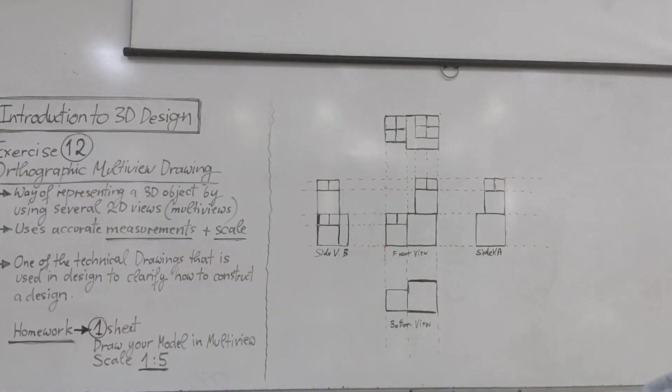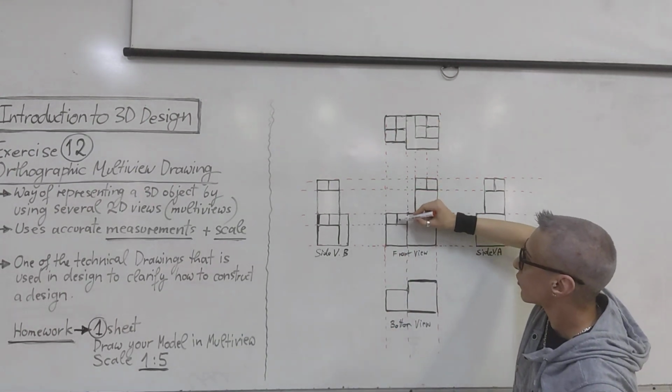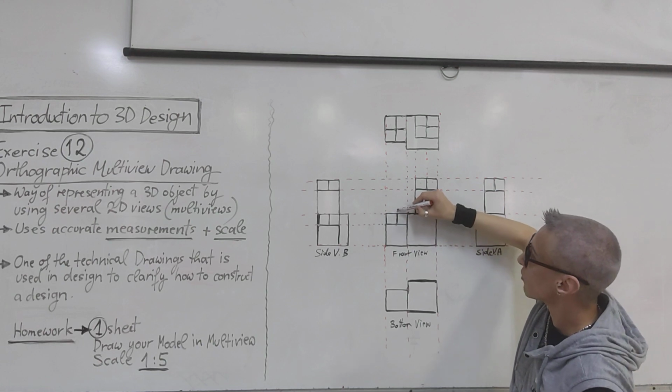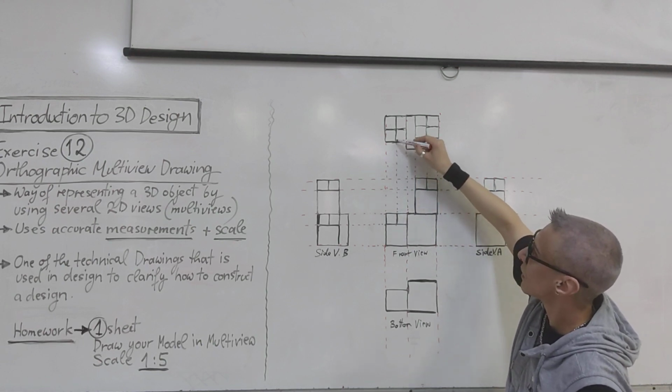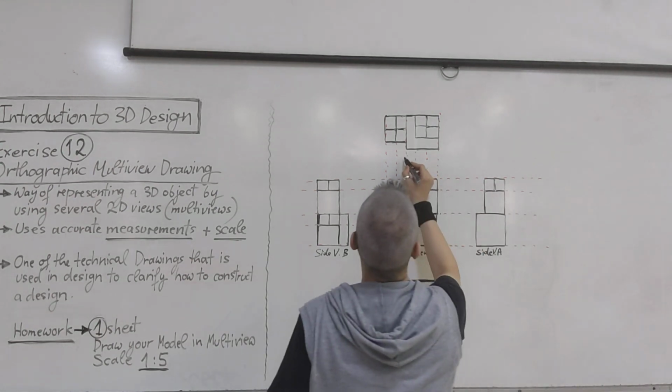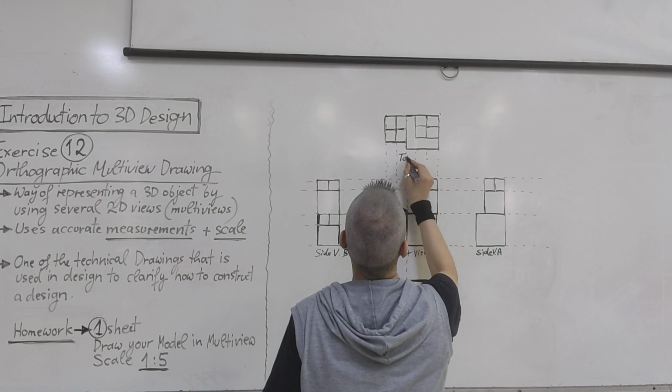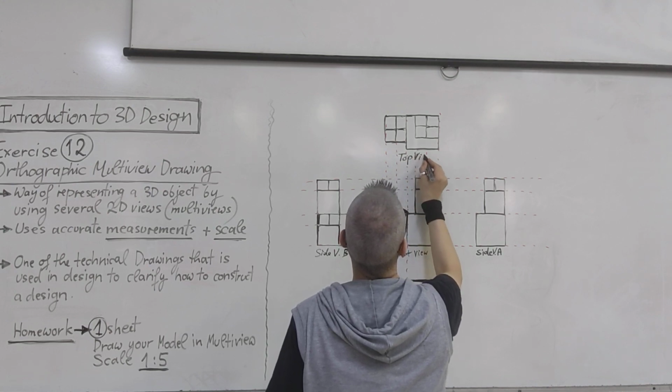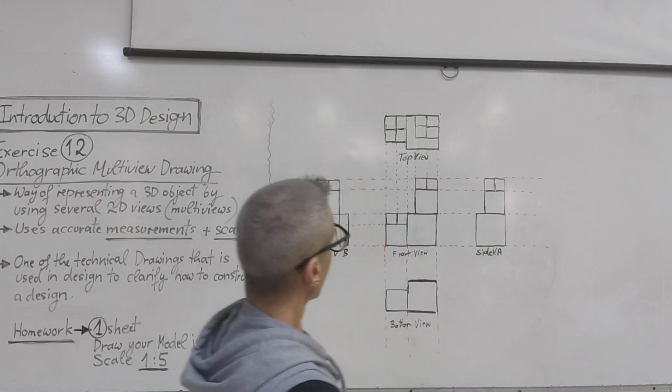And if you notice, from these cubes here, because we are drawing the same cubes, if you take a line up, it should align with this line. This is the top view.